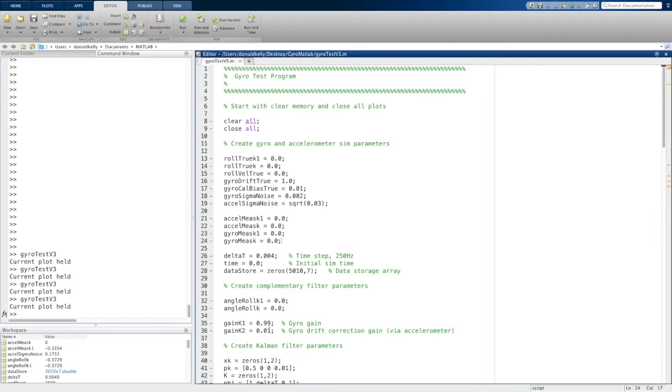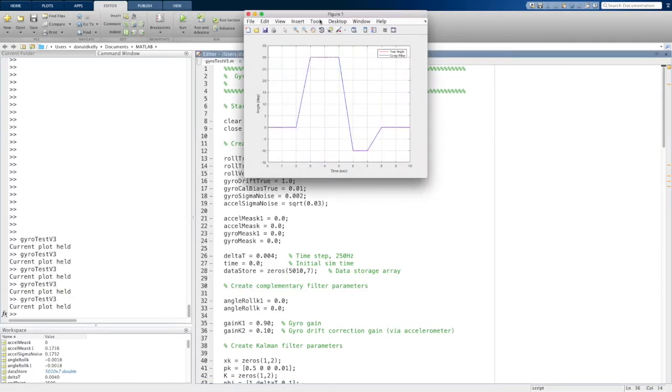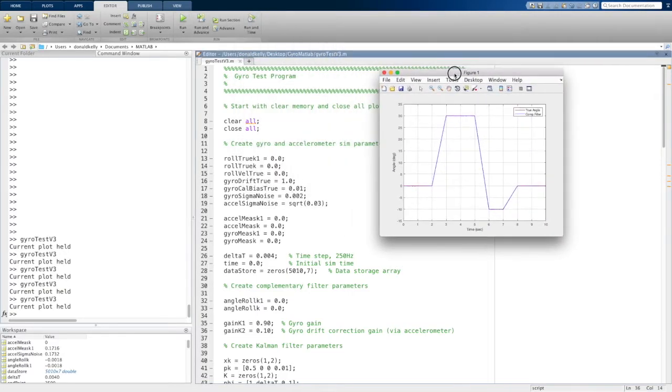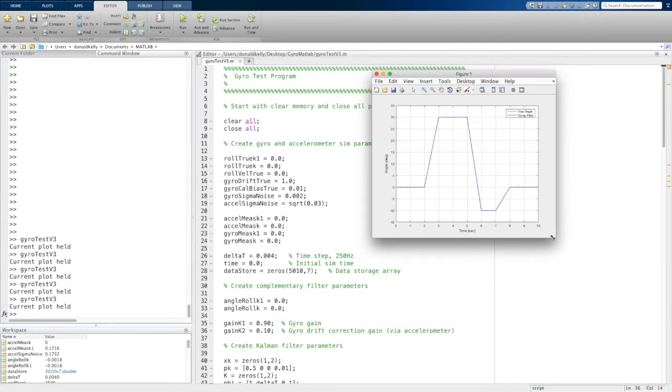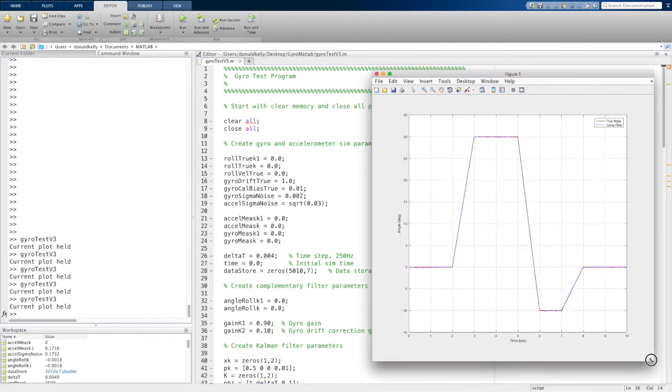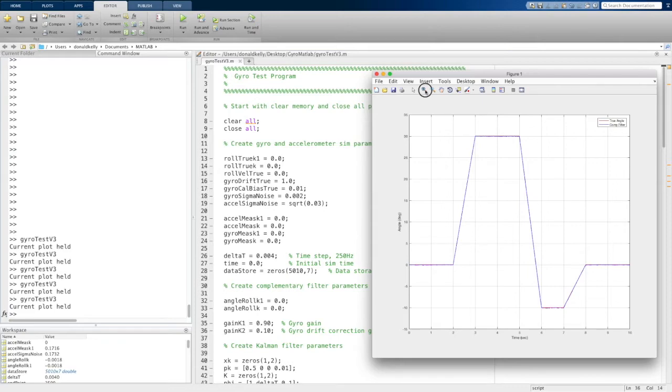Let's go back to the gains, and let's make it 90-10, 90% and 10%. And let's run it again, and let's see what happens. And it looks like sure enough we brought it together tighter. So let's see what happens with the noise, and see if we were right on the noise part here.